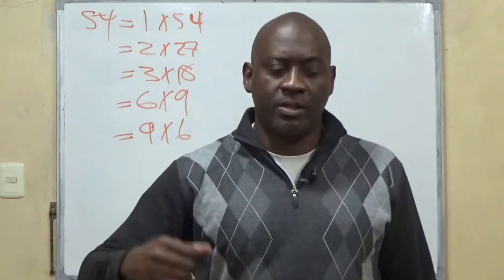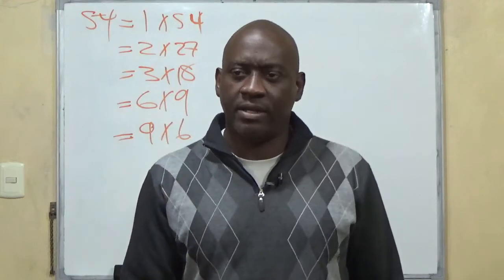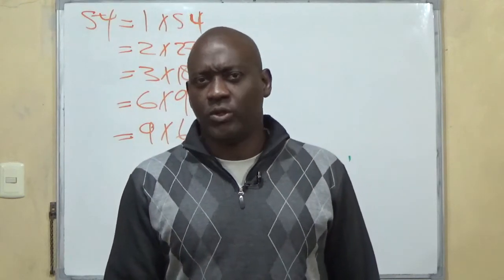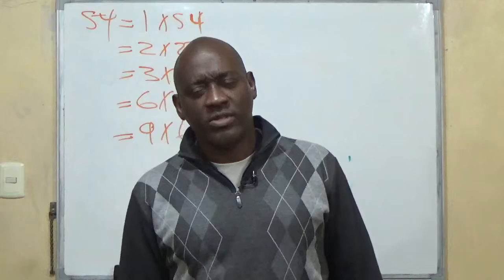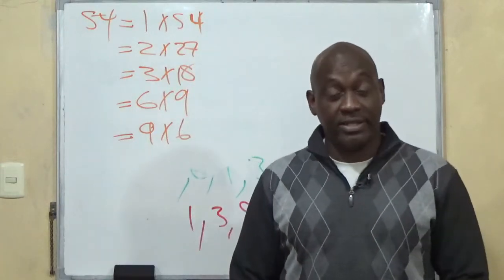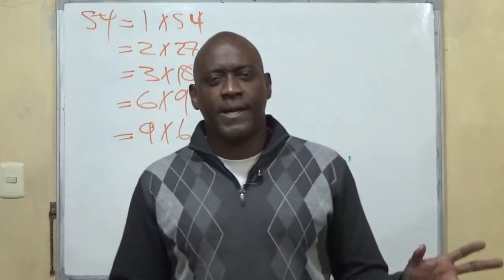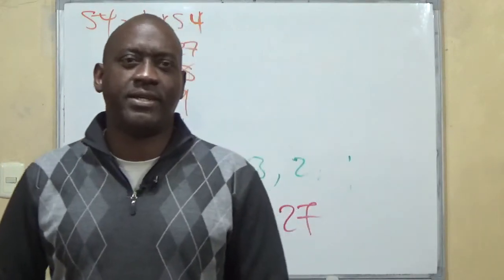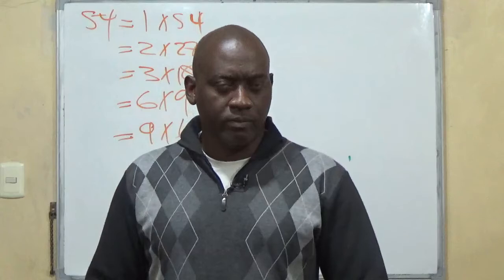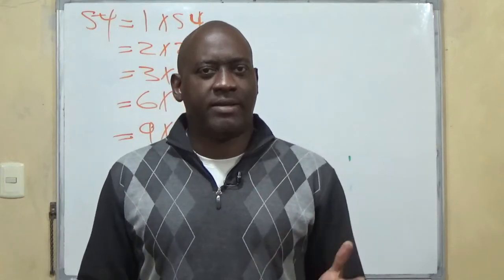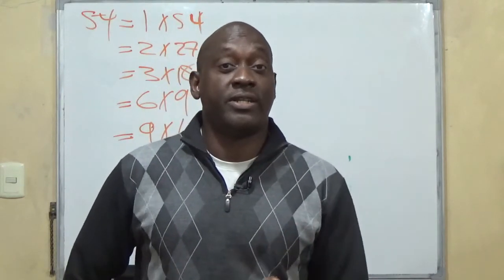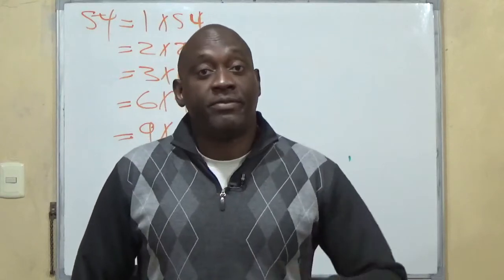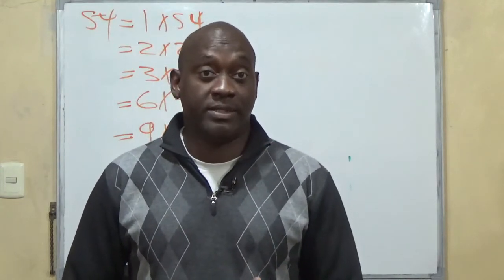So in other words, when you're trying to find the factors of a number, do it two at a time now. Don't try to play hero and list out everything. Just start with 1. Make life simple for yourself. There are a lot of things that you can do. We could call it a hack if you want. Some people like to refer to it as tricks. I prefer to just say simple, plain old common sense.